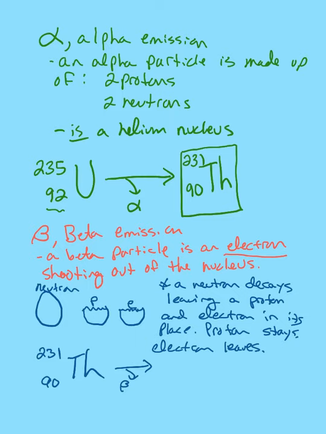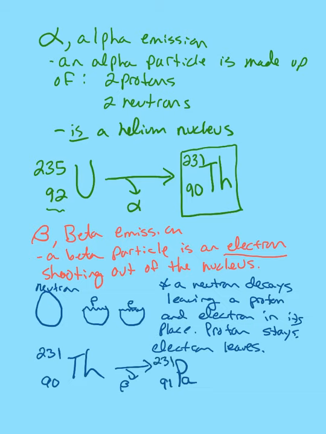Okay, so we gained a proton. That means we're going up to 91, which means that this is now protactinium, Pa. Now what about the top? Remember, the top is protons and neutrons. So we gained a proton, but we lost a neutron. That means the top is going to stay the same.